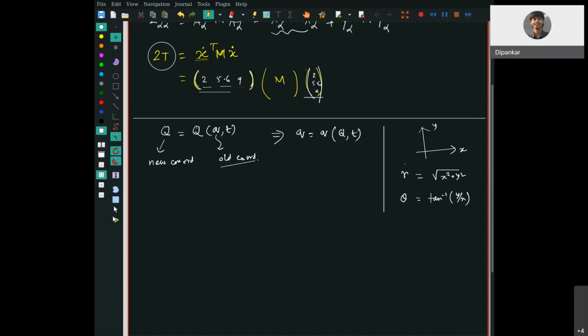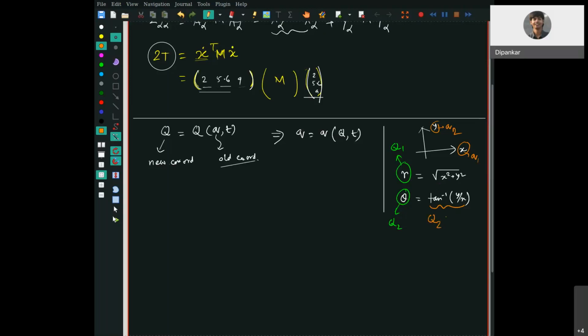These are your new coordinates. You can call this one your q1, and this one is your q2. These are the new coordinates, and these are the functions of the old coordinates. So this small y and small x. So this can be taken as small q2, and this is your small q1. The new coordinates are related as a function of the old coordinates.